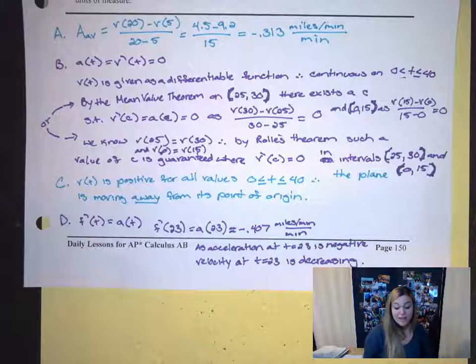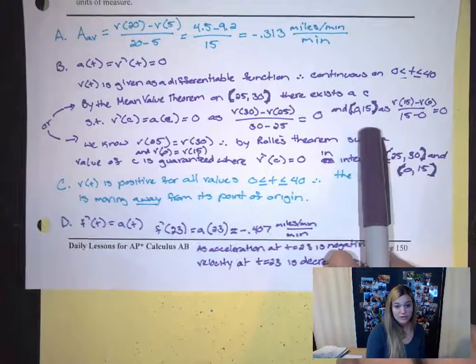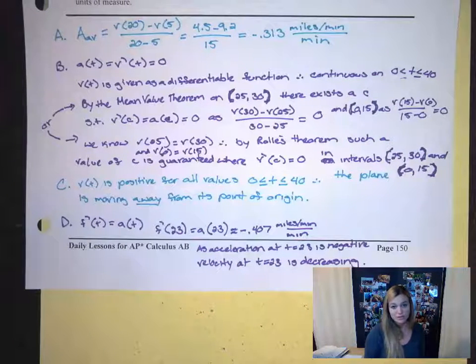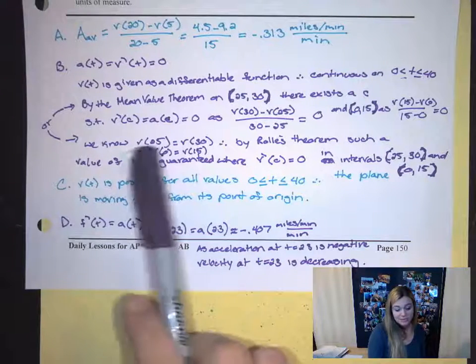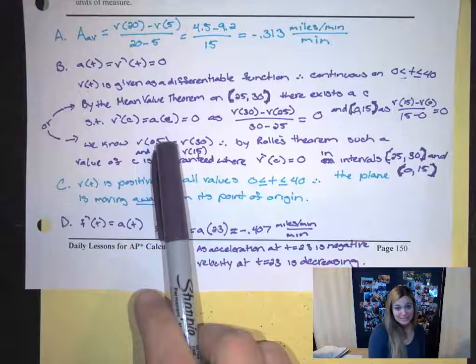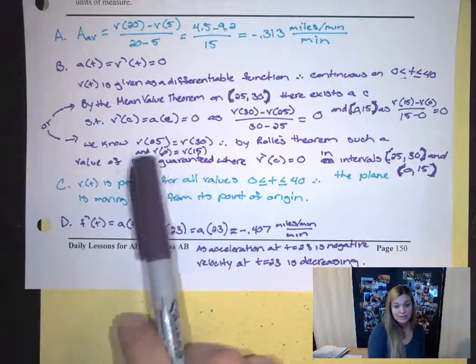So by the mean value theorem, from 25 to 30, or I could use this over here from 0 to 15, I just saw the 25 to 30 first, there exists a c such that v prime of c equals the acceleration at c equals 0. So yes, this is a place.